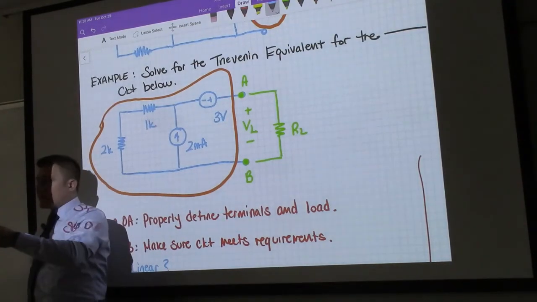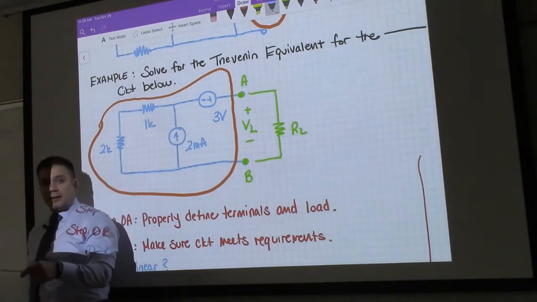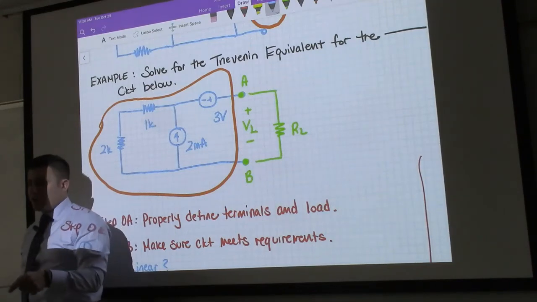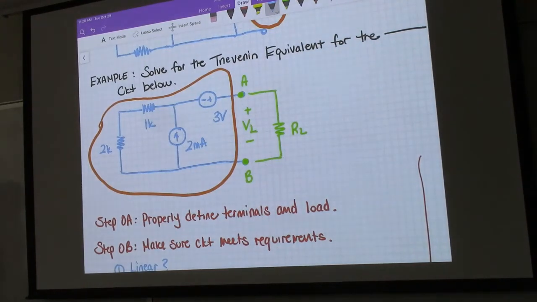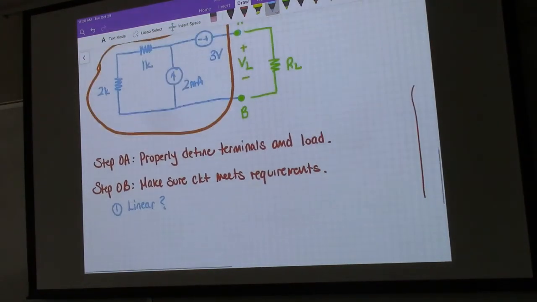E to the Ix is not okay, because those are nonlinear expressions. That's not something we're really going to see in this chapter, nor too much in general, but I thought I would point it out for the sake of being thorough. So is the circuit linear? It is. So we're good.